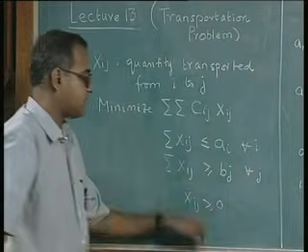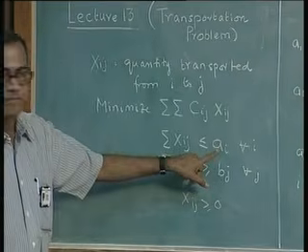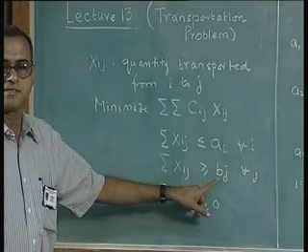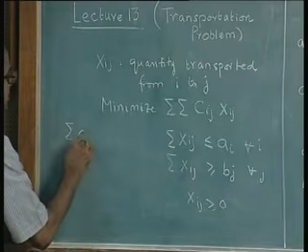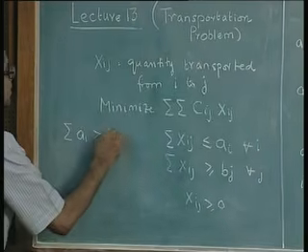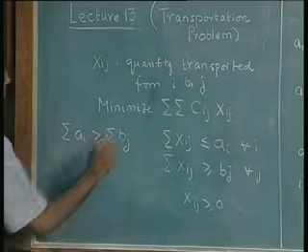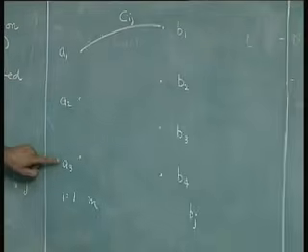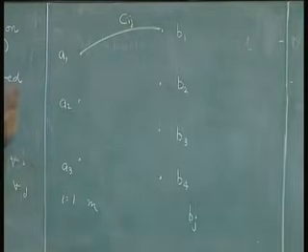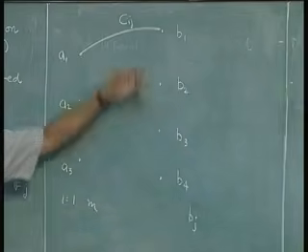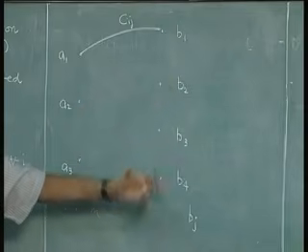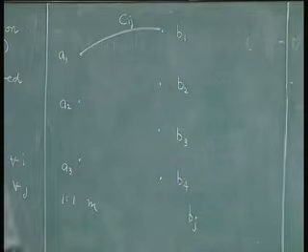Now, sigma Ai represents the total availability and sigma Bj represents the total requirement. So, if sigma Ai is greater than or equal to sigma Bj, which means the total availability is more than what is required, then it is possible to transport the entire requirement such that the demand of every destination point is met.